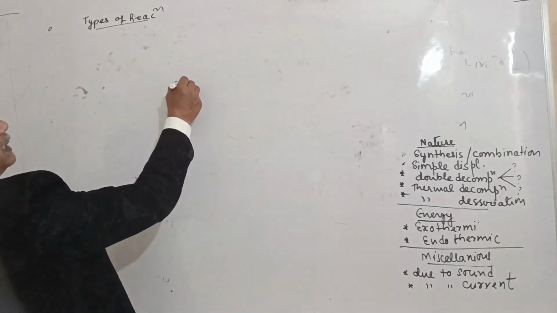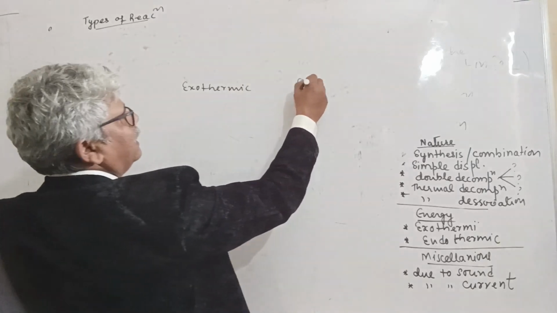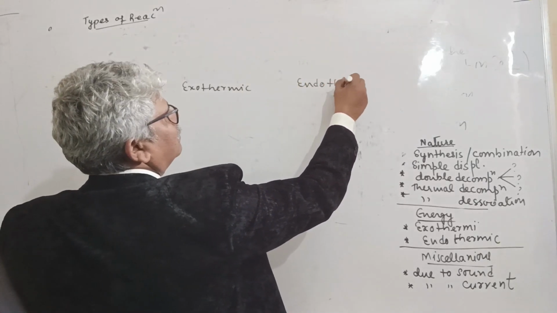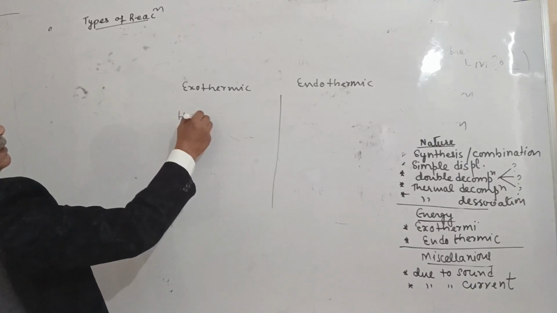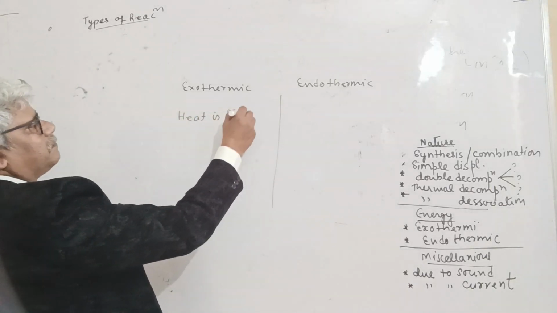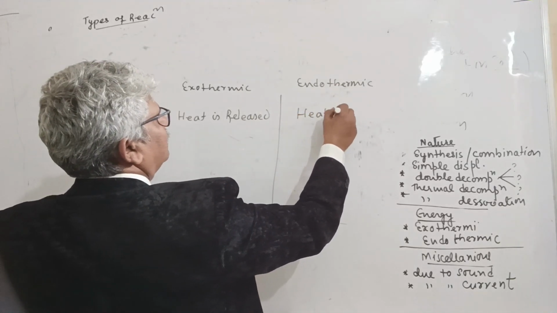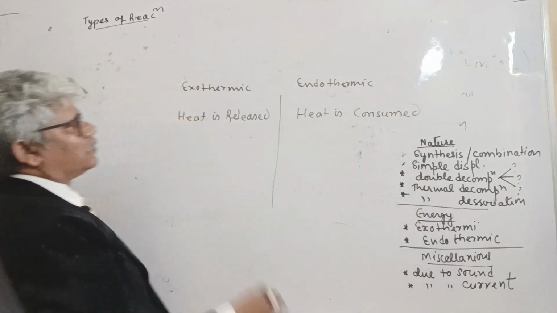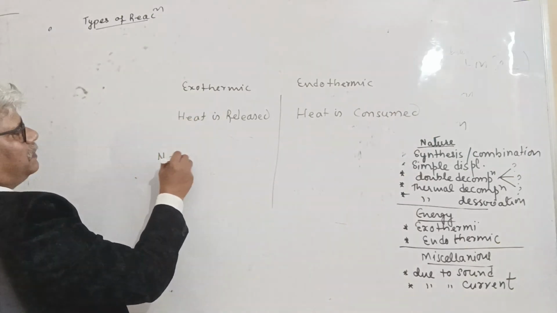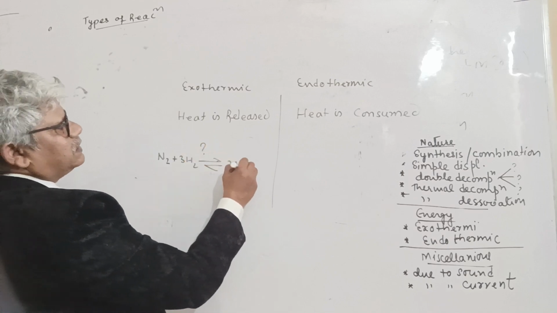Reaction in which, now exothermic, class 8th students, exothermic and endothermic. In this, heat is released and in this, heat is consumed. So this is nitrogen with hydrogen giving, under certain condition, twice NH3.